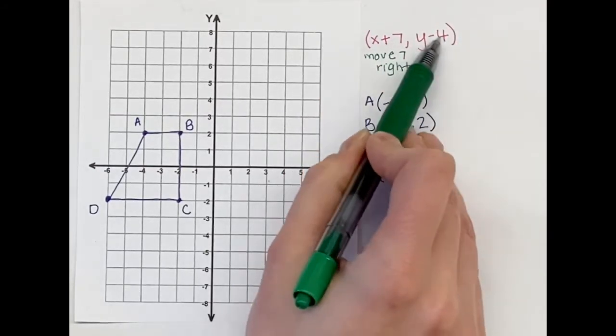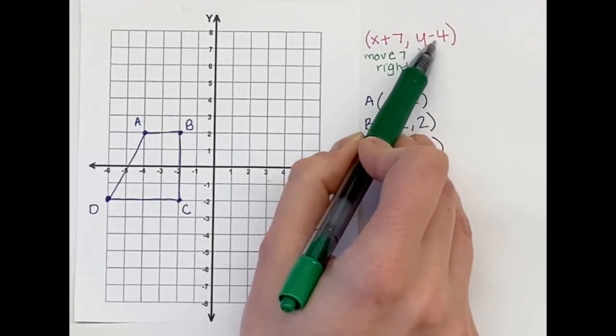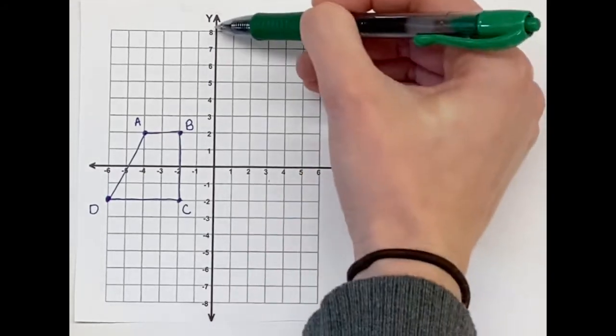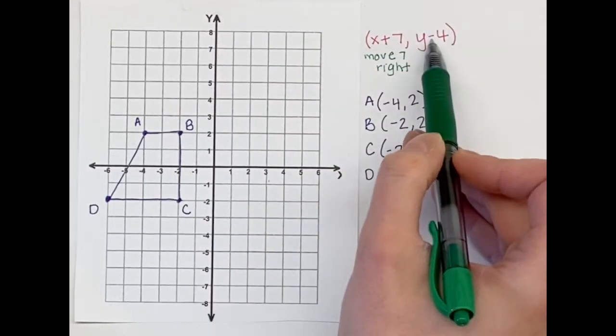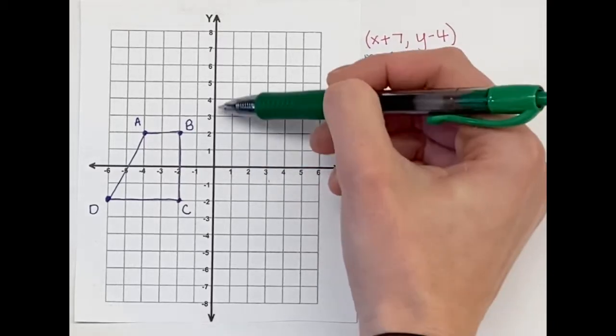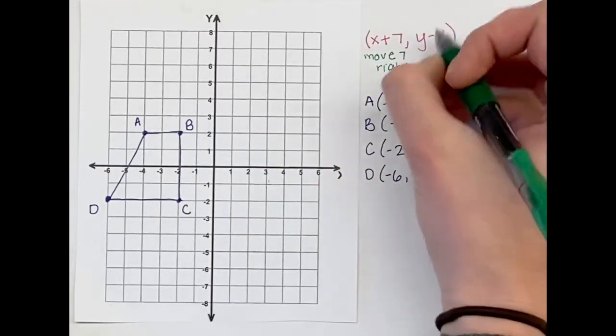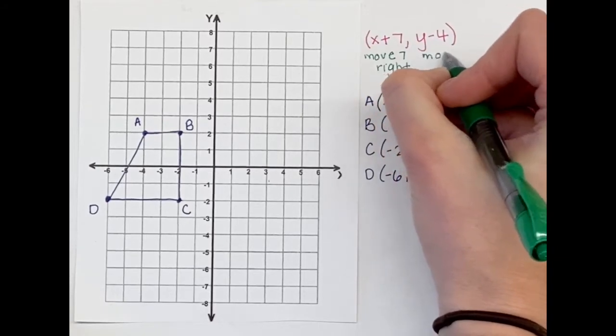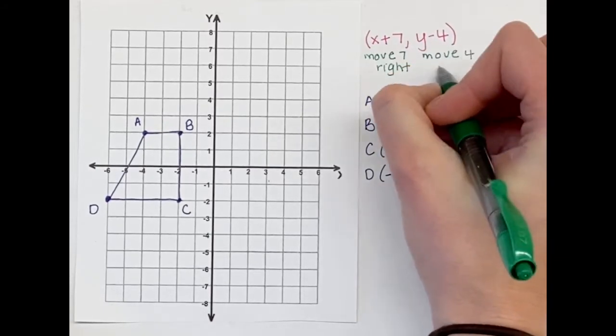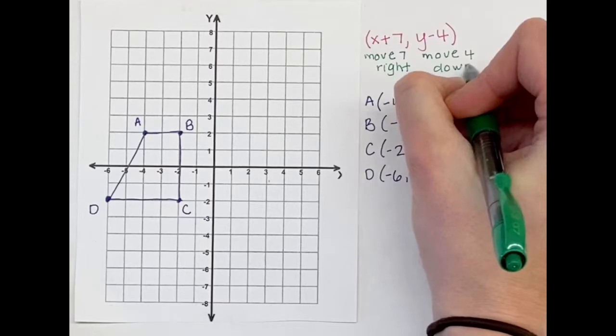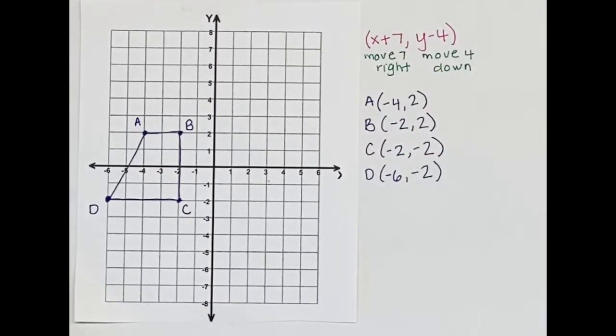And then this is a little different because now we have subtraction. So now when we look at the y-axis and we're subtracting 4, we're going to go down 4. We're going to move towards the negative numbers. So this is telling us to move 4 down. And that's all there is to it.